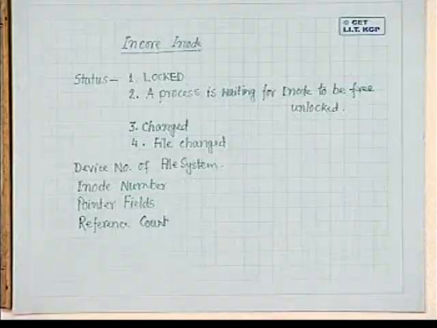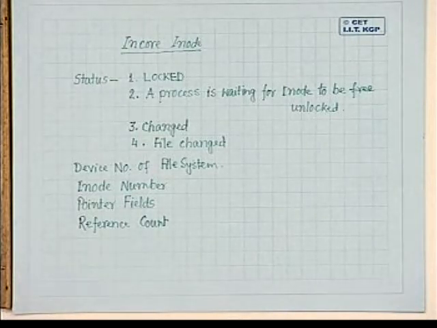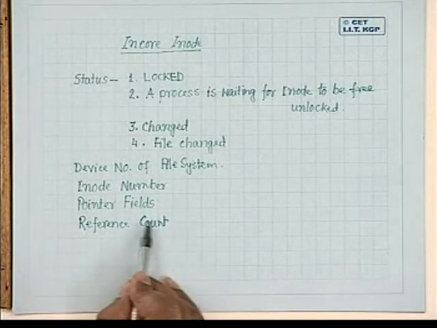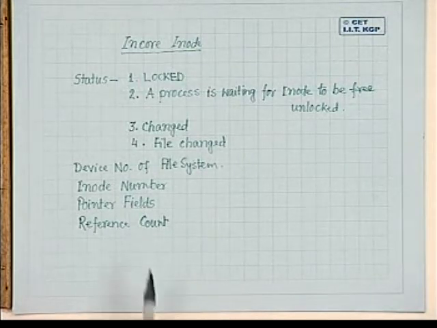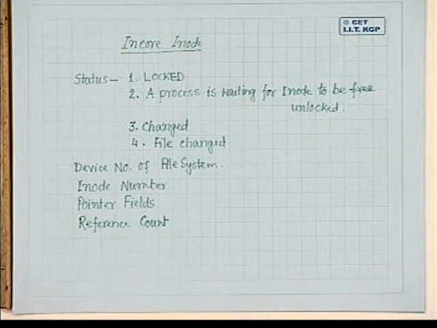That means the reference count field is not equal to 0. While the reference count field is not equal to 0, I cannot put this inode on the free inode list, because when it is on the free inode list, there is a possibility that this in-core copy of the inode may be overwritten by another inode from the list. The concept is similar to the free buffer list.